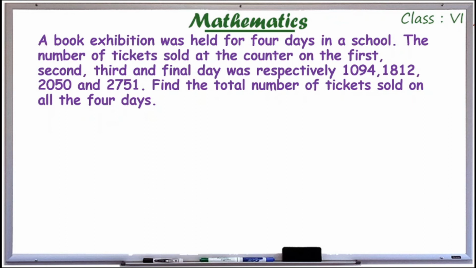So we have to find the total number of tickets. So just add these four numbers. That is the answer. You have to write down first day, second day, third day, fourth day, and the total number of tickets, and you have to add those four numbers and write the answer.